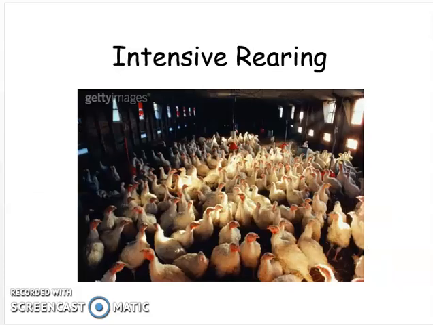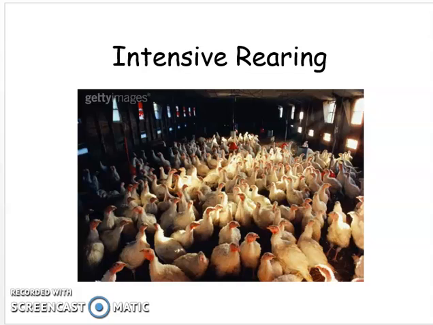Okay, modern farming methods also do something called intensive rearing. So it's this idea that they are going to rear animals in areas where they're going to keep it warm to reduce respiration rates. Because if these animals are having to do a lot of respiration to generate heat to keep warm, then again that's energy lost to their environment, and that means they're not going to put on a lot of mass, which means your chickens aren't going to taste as tasty as they would like to be.